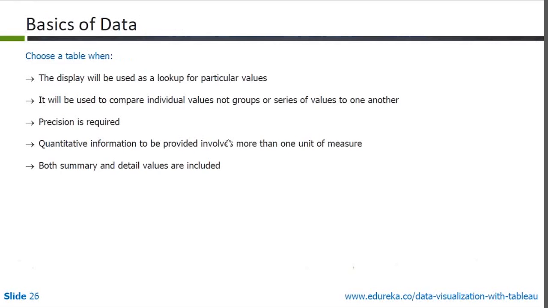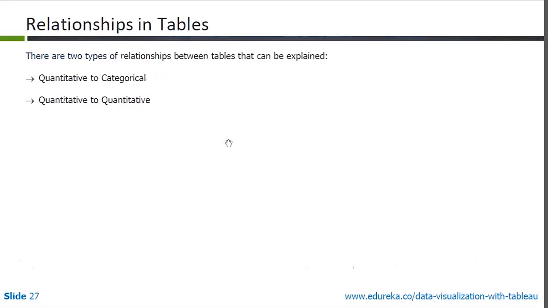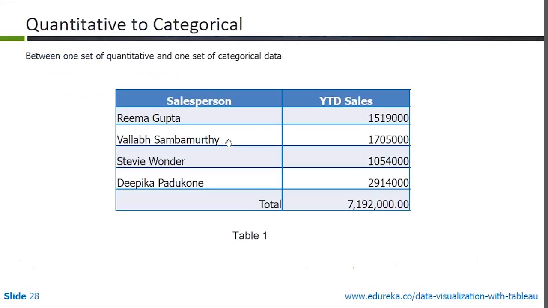So I told you there are two ways, quantitative to categorical and quantitative to quantitative. So numbers to numbers and numbers to a category. What we saw here was a number to category, that is quantitative to qualitative. So let's see what this is.